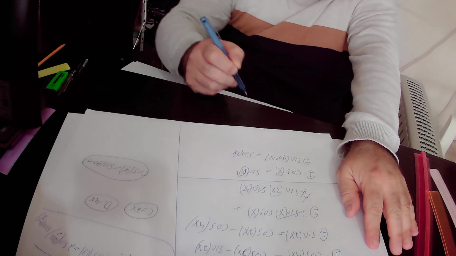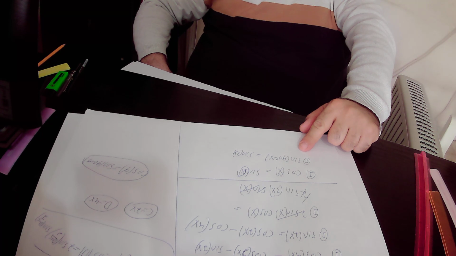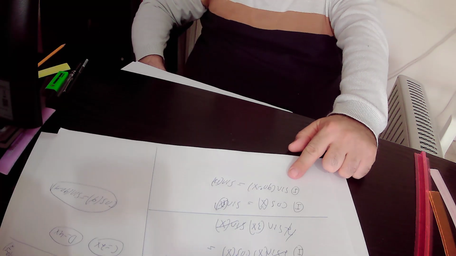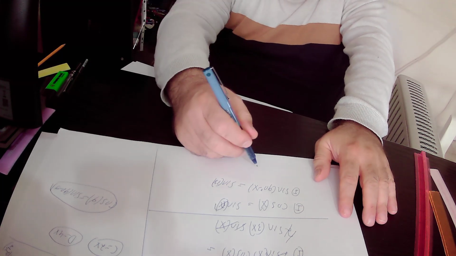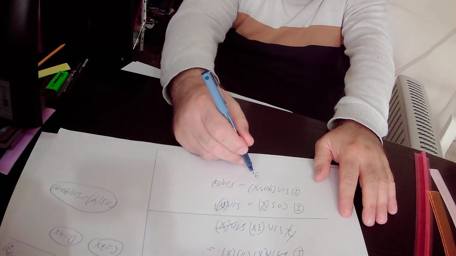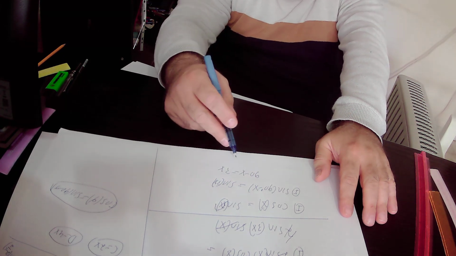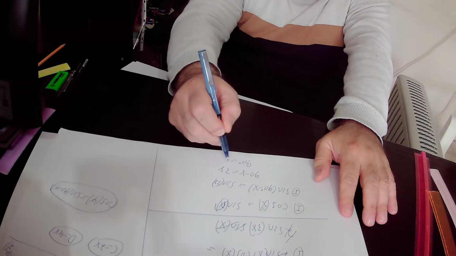Here 90 minus x equals 3x. We will add x to this equation, and we will get that 90 degrees equals 4x.